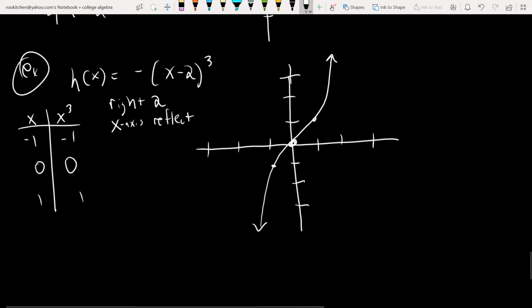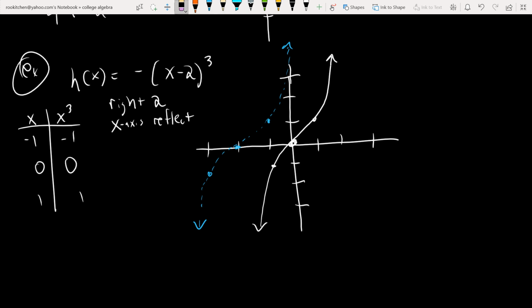Okay, so let's try this. First, all the points will go right by 2. That'll be kind of the first move. It's not a bad idea to kind of record your movements on the page as you go along. And then finally, negative rotation about the, whoops, I got to go right by 2. Sorry, I went left.